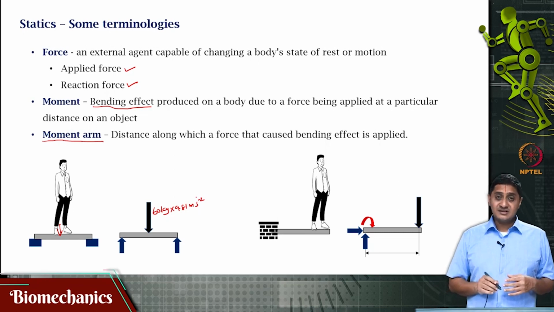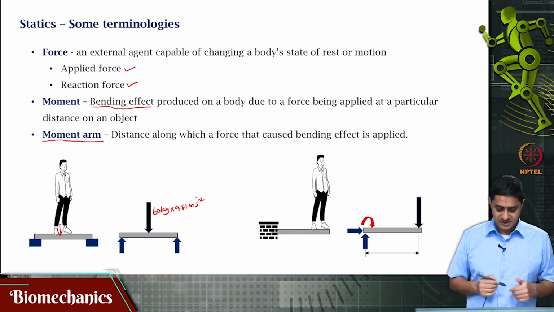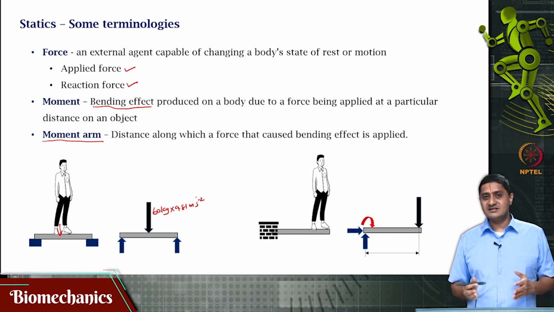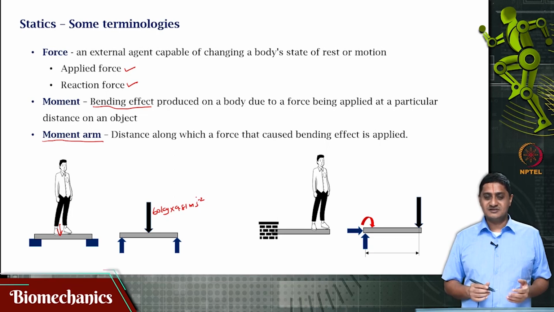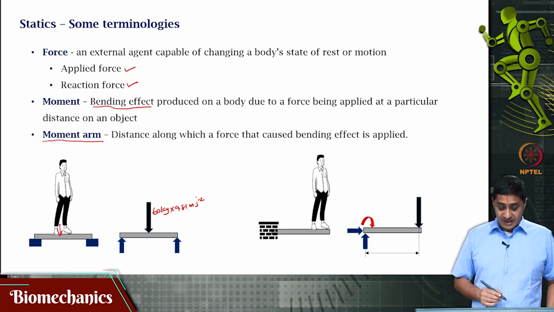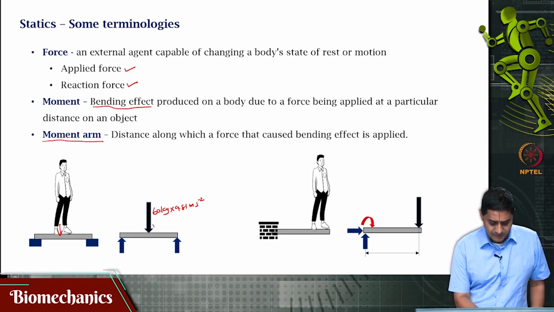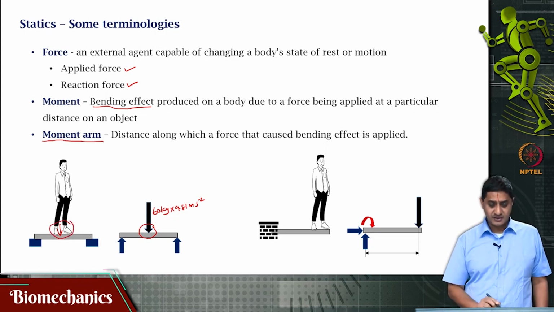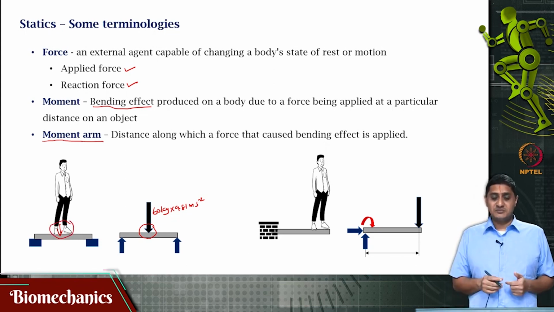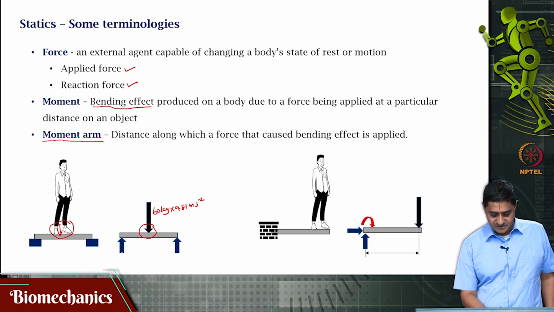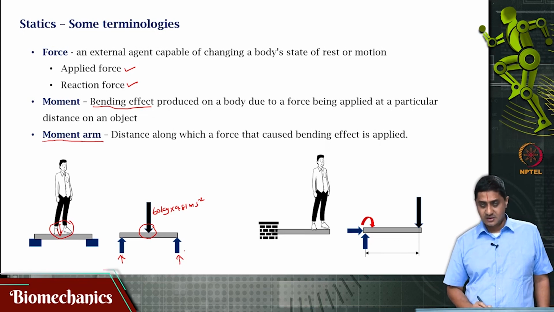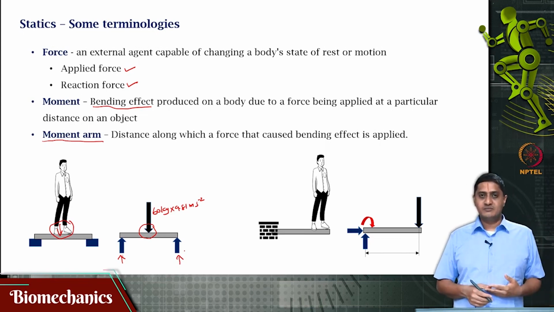The person is applying a force on the plank, that is the actual applied force in this case, and the plank is applying a force on the person. This is the reaction force, and this reaction force is applied, of course, at the points of contact here somewhere, at these 2 points of contact, but then the plank itself is supported by these 2 bricks, right. So, this brick is going to apply this force and this force, and this brick is supported by the ground.